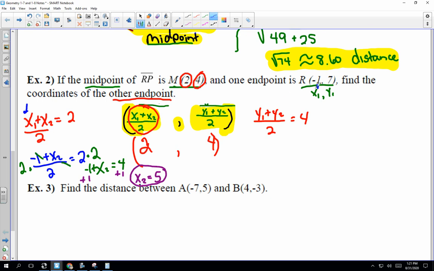Okay, so we're going to take where the y1 is in this equation, and we're going to put in 7. And when we do that, the next step is the same as the next step here, and it will always be times 2. 2 divided by 2 is 1, so we're just left with 7 plus y2 equals 8, and we're going to subtract 7 from both sides.